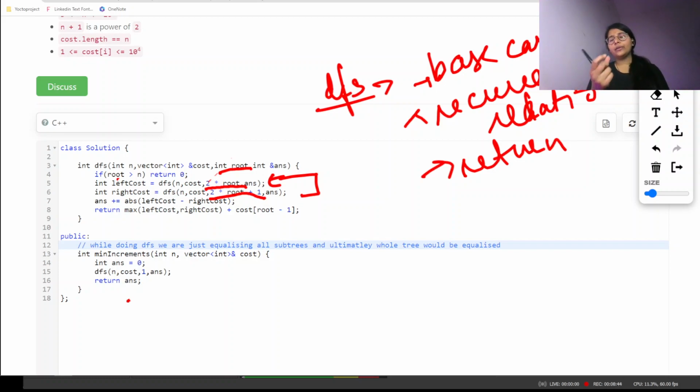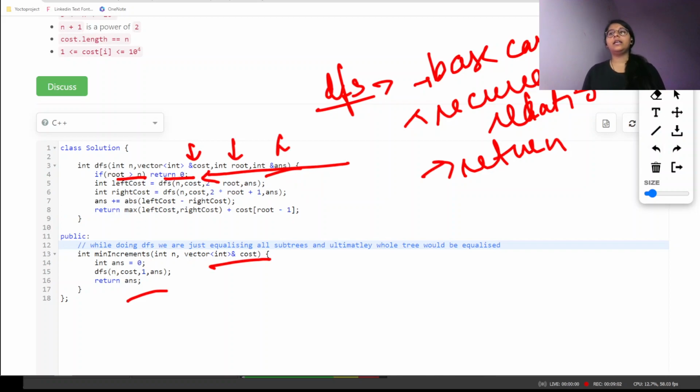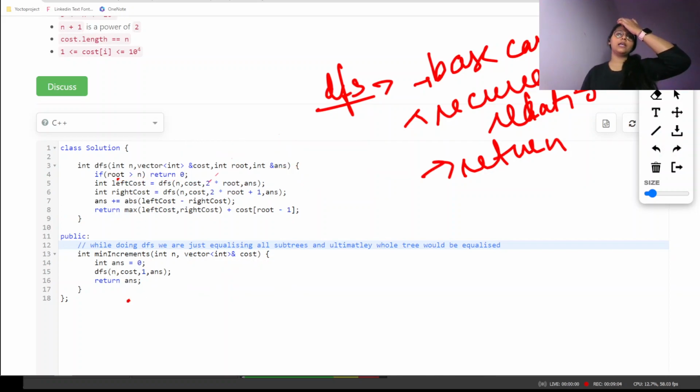Now, what we are required to add to our answer is the absolute difference, because we are required to equalize the cost of both of the paths. That's why we are adding the absolute difference to our answer. And then we are returning the maximum out of whatever the left or right cost was, adding the cost of root minus 1.